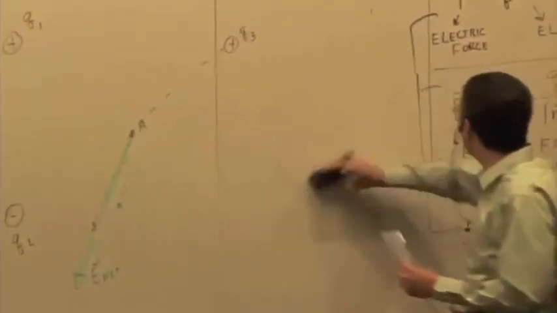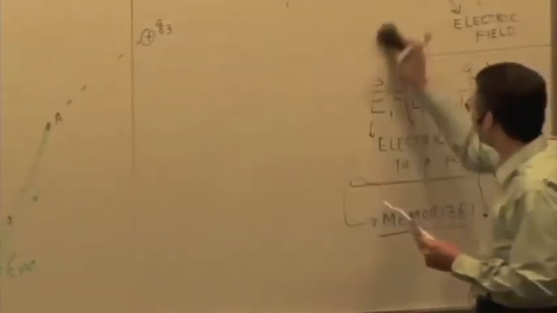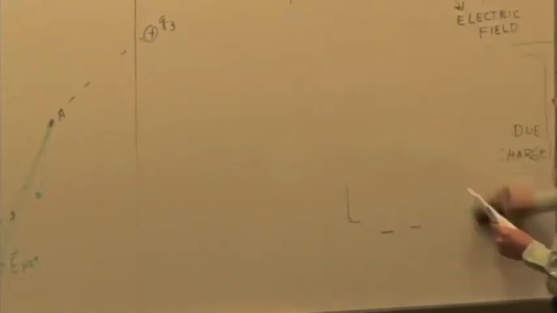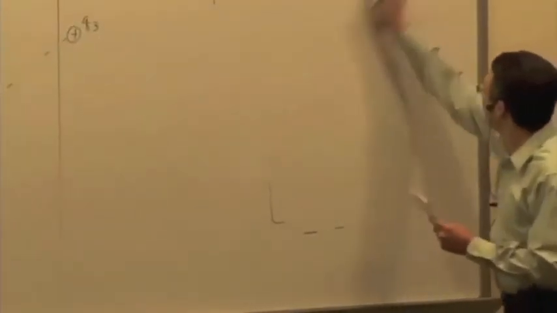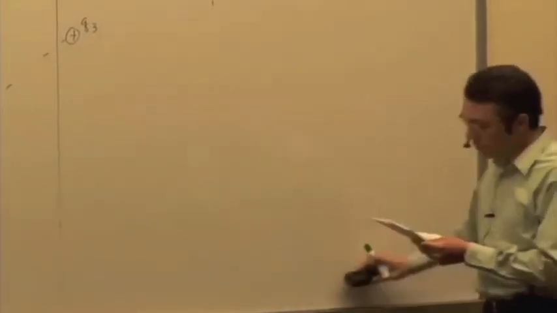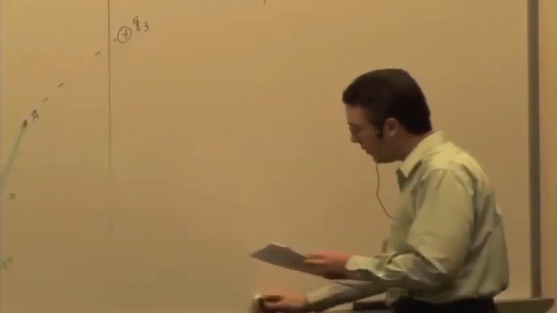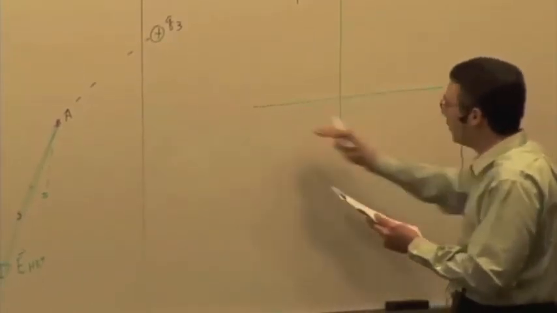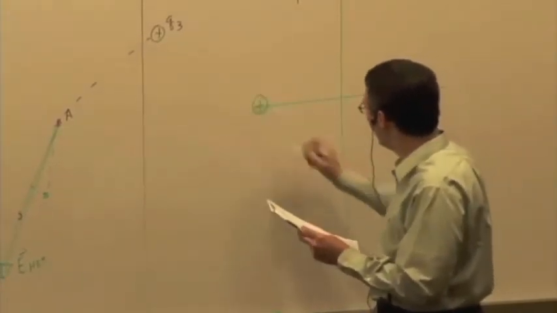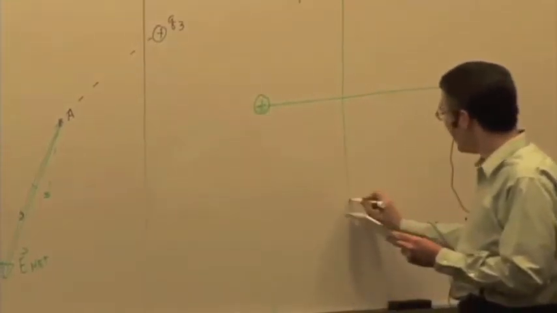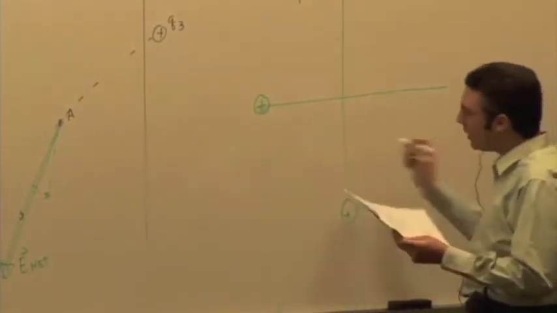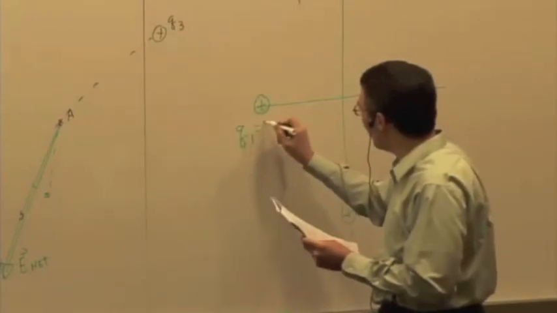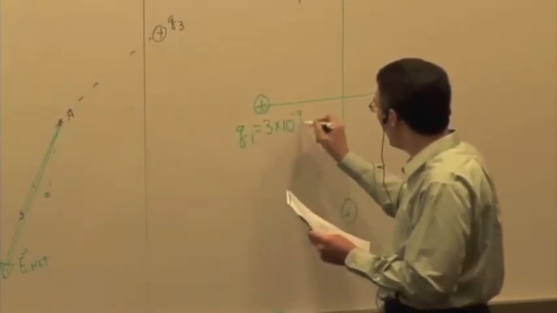Okay, so a simple numerical example. We could erase this. We could have, for example, two positive charges. Place a positive charge here and a positive charge here, and let's say Q1 is equal to 3 times 10 to the minus 9 coulombs.